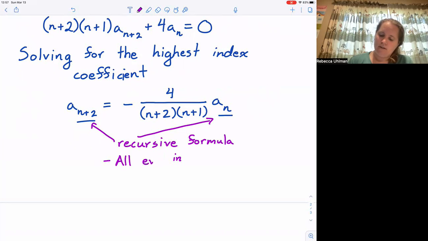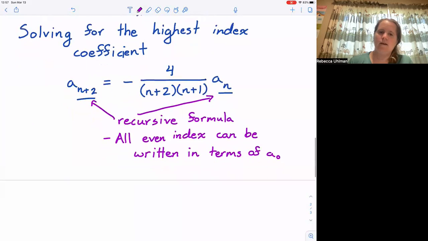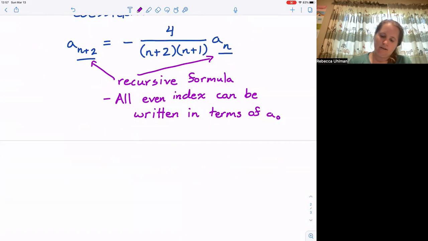All even index coefficients can be written in terms of a0, and all odd index coefficients can be written in terms of a1.